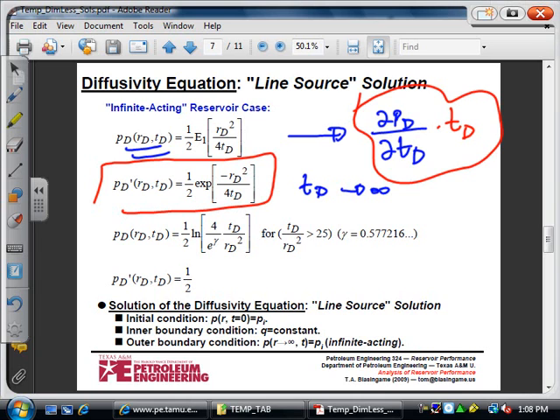And we have the TD in the denominator. So if TD is high, then the value of the exponential function will be very low, right? So if it keeps going high, then the well testing derivative will eventually equal 1 over 2. This tells you that the well testing derivative will always become 1 over 2 at large times.